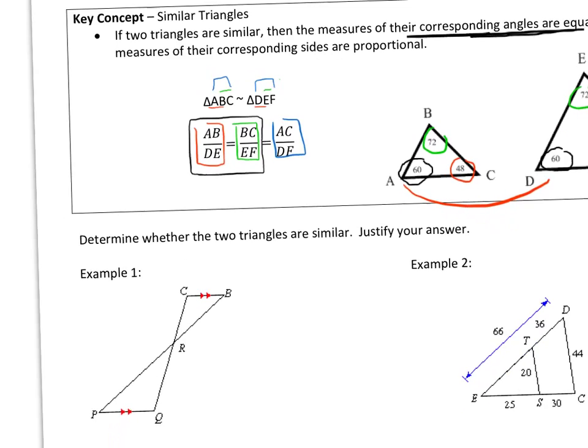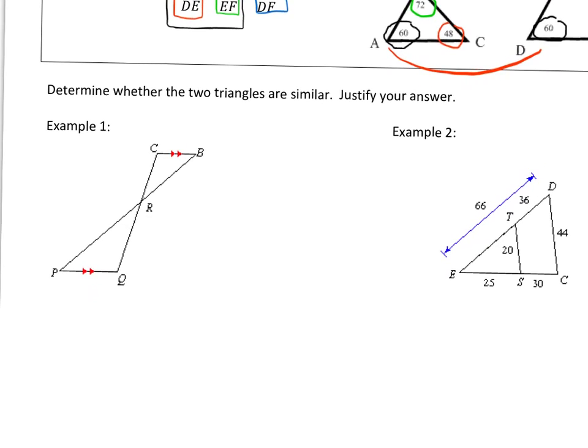So let's see if we can take a look at a couple things here to decide if things are similar. Now, in example 1, this is really a geometry problem. And we can decide that these are similar based on geometry.